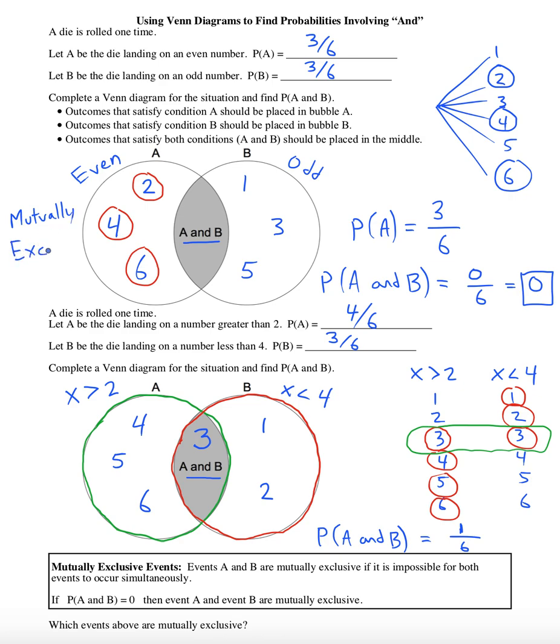You can't roll an even and an odd on a single roll of a die. That means this situation down here below is actually called not mutually exclusive. All it means is that it is possible to have an outcome be part of both event A and B.